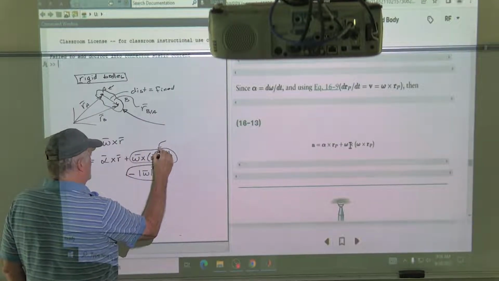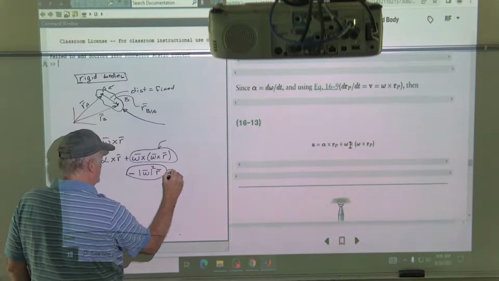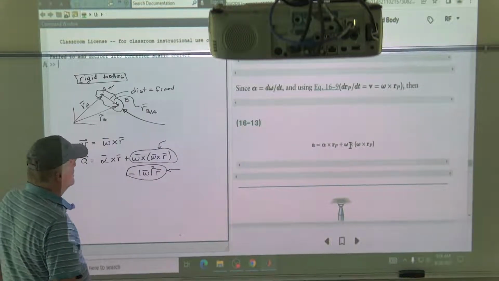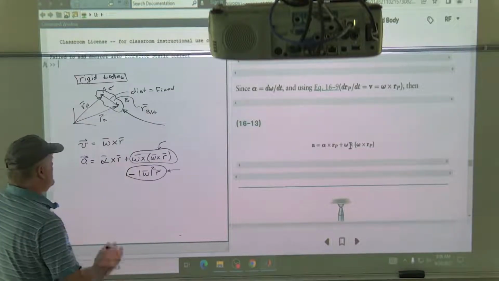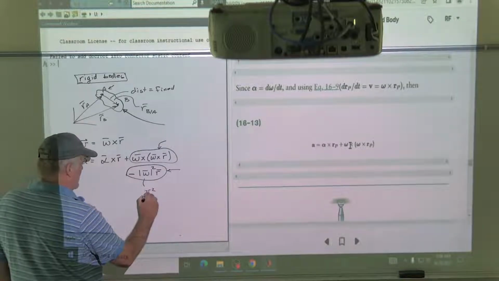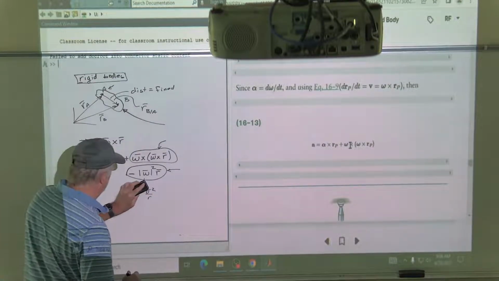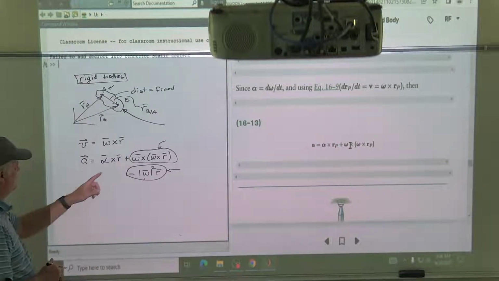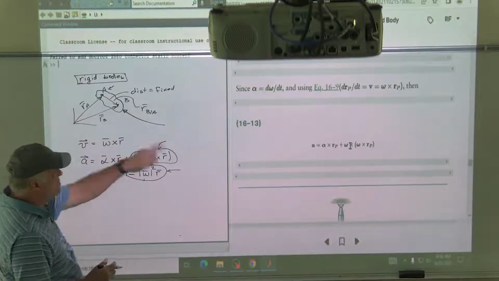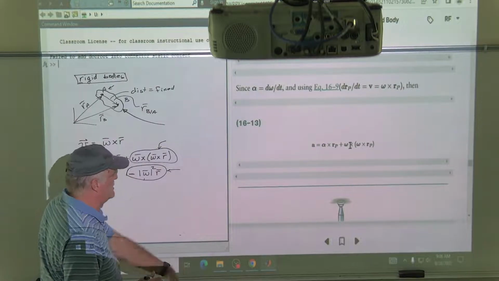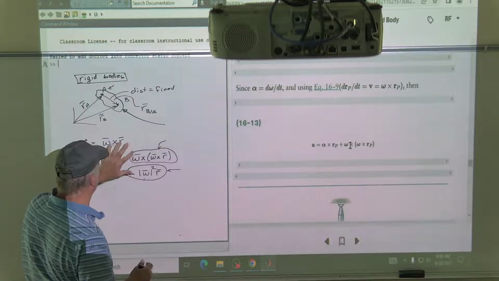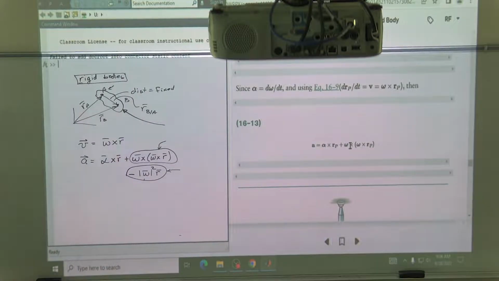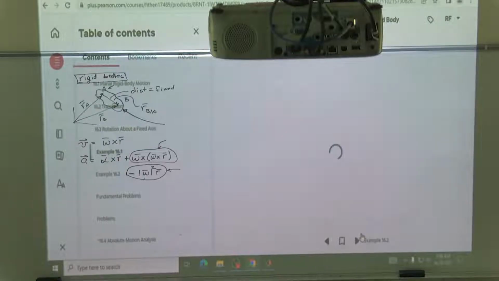Some dynamics books only stay here; this one moves on to here. I can see the argument in either one. But what this is, is the v squared over r. So we have this motion. Now let's go through the sections and look at the problems. To do that, you have to step it forward, I think.